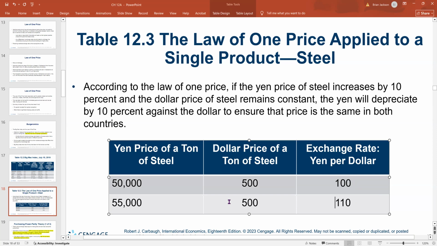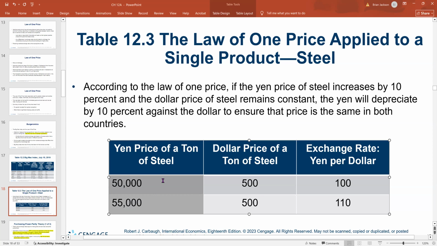Now, this already suggests something we're going to see in what's called purchasing power parity in a minute. Roughly speaking, in countries with a higher rate of inflation, so there's some inflation here, if you will. I know we're only looking at one commodity, not a basket of commodities that underlie the consumer price index, but the same idea applies.